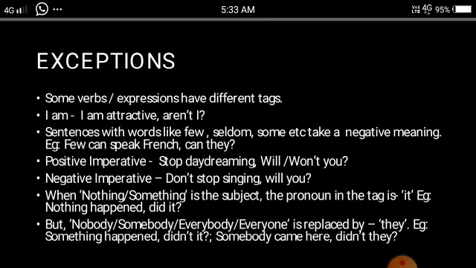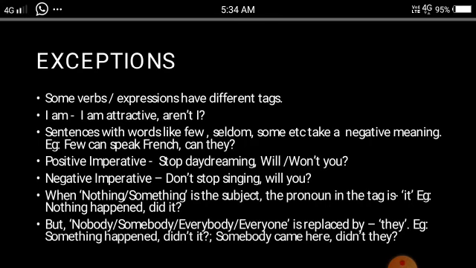Now, stop daydreaming, imperative sentence. Will you? I've already told you about this. It is an imperative sentence. Stop daydreaming. Listen. Open the door. All these will carry the question tag will you or won't you. If it is a negative imperative, don't stop singing.